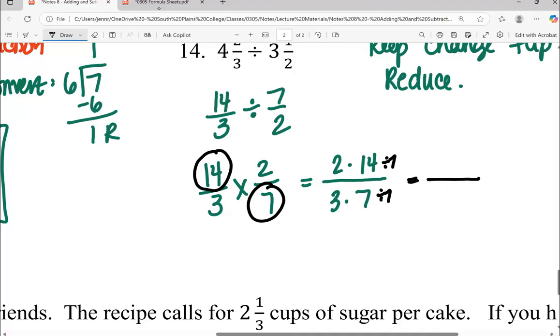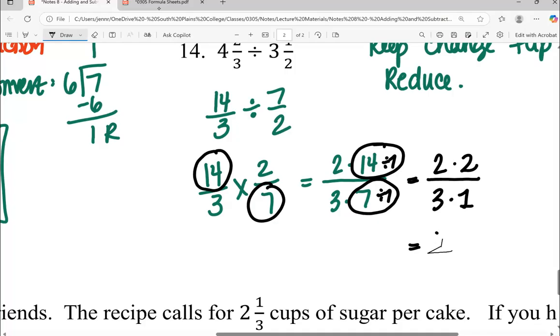So I still have a 2 on top, but when I do 14 divided by 7, I have 2 with it. On bottom, I still have the 3. I'm not changing that one. But 7 divided by 7 was 1. So I have 2 times 2 is 4. 3 times 1 is 3.